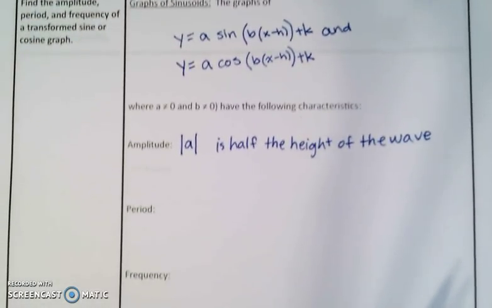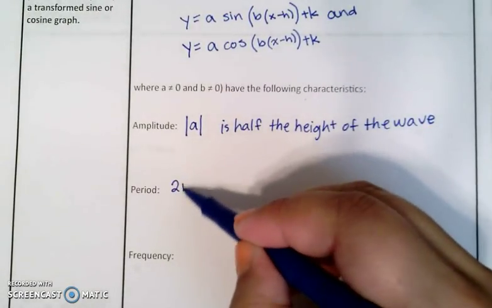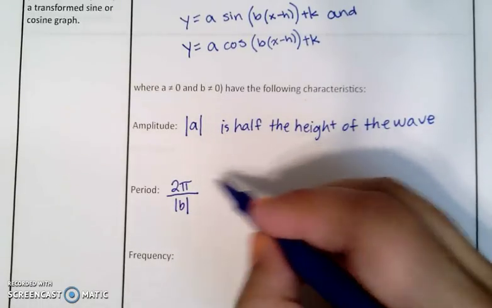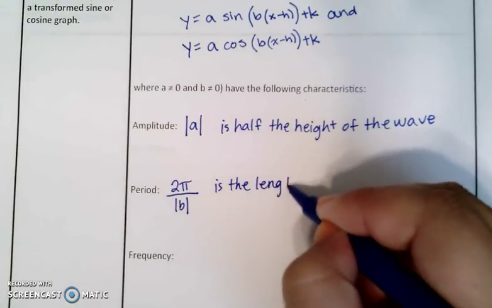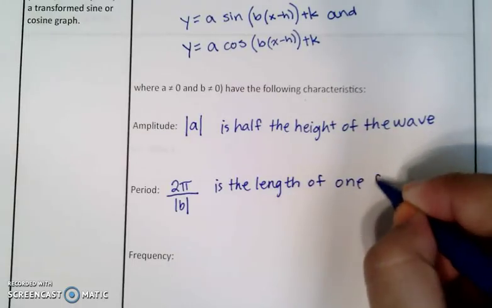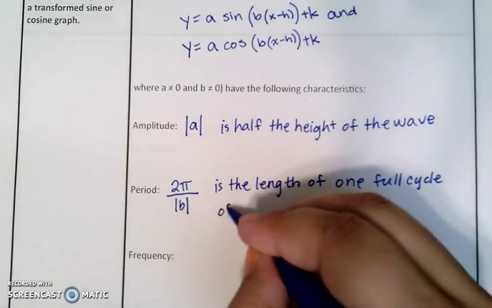Then we can calculate period to be 2 pi divided by the absolute value of b, and that is the length of one full cycle of the wave.